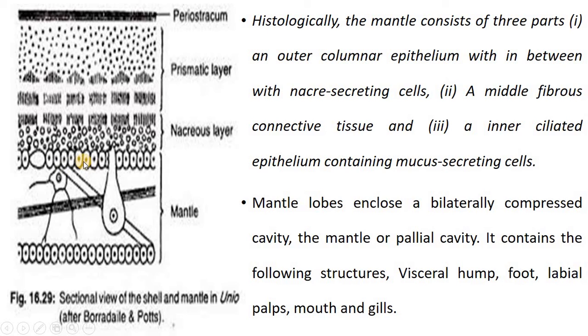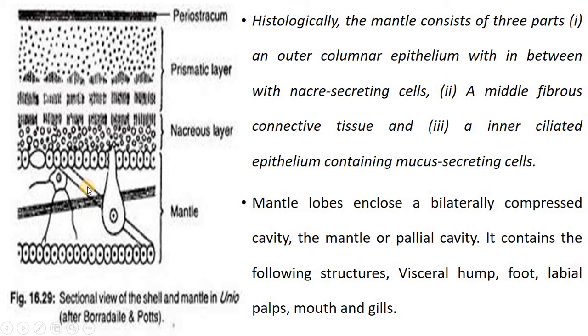So this is the outermost columnar epithelium. In fact, this entire portion is the mantle. Underlying the shell, just below the shell, there is the mantle, and this mantle has the outer columnar epithelium. Between this outer columnar epithelium we find nacre secreting cells. These are the nacre secreting cells.